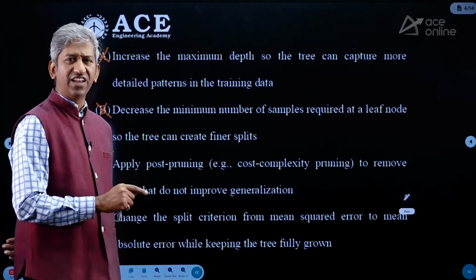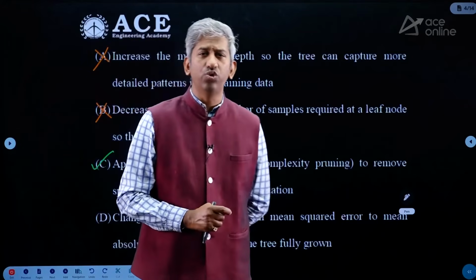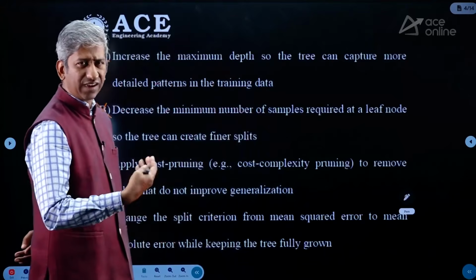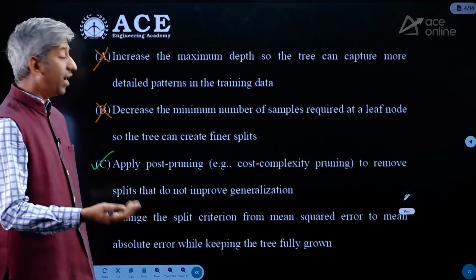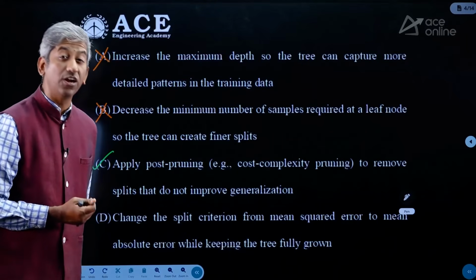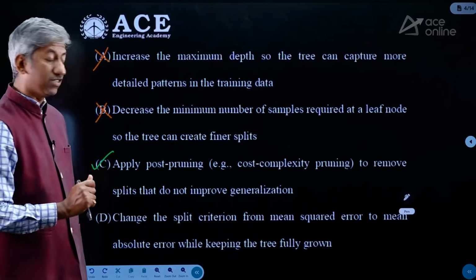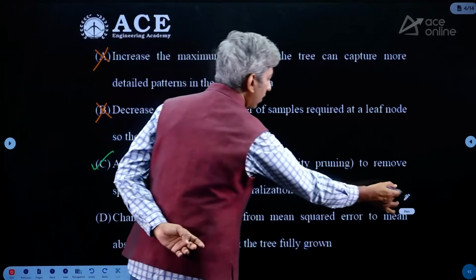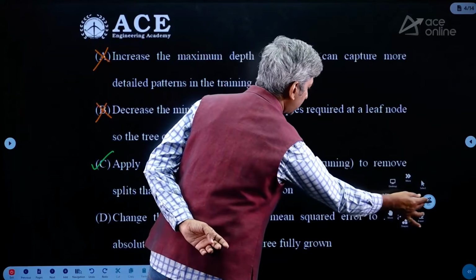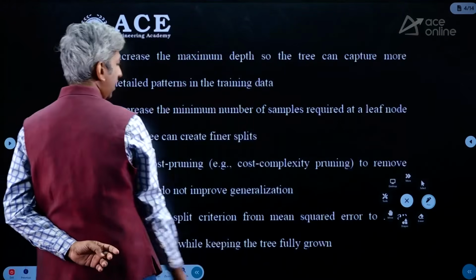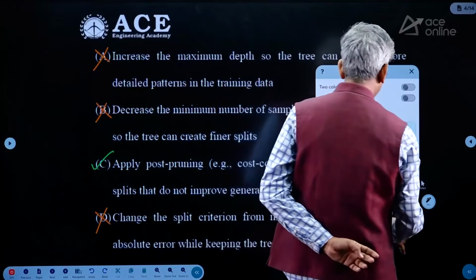The splitting criteria in general in regression trees would be standard deviation reduction. Of course, there are certain methods like that, but mean squared error and mean absolute error are not the splitting criteria, such that option D is also an incorrect statement. Option C is the correct answer.